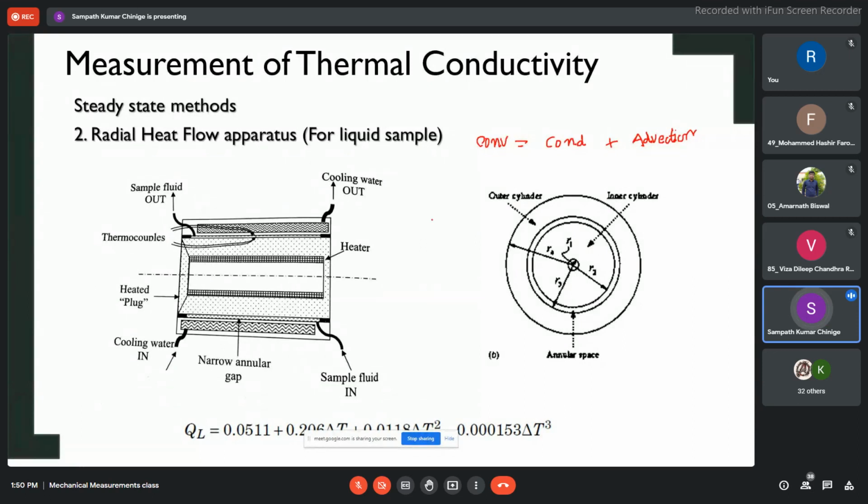So convection is equivalent to conduction plus advection. That means when the fluid moves as a bulk thing, suppose for example, you take a heater plate, and air is stagnant over it, and you are heating it by means of some heat flux. The layer adjacent to the heater surface will get heated up, and when it gets sufficient energy, it will transfer its energy to the other layer.